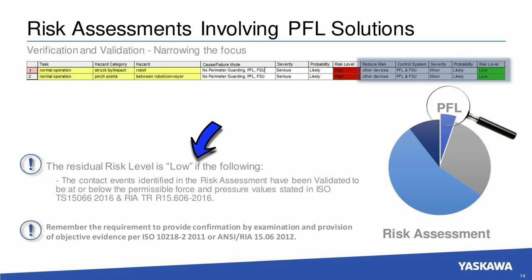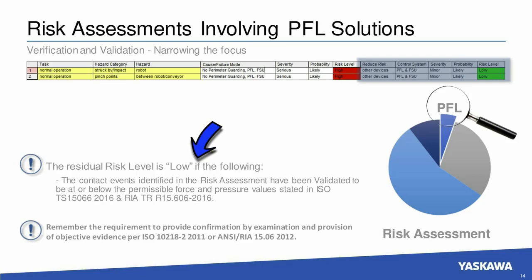My probability of avoidance because of speed is very high, very likely, and my risk level becomes very low. So a point here is the risk level is low if the contacts identified in the risk assessment have been validated to be at or below the permissible force levels as stated in ISO 10218 and ISO/TS 15066. So notice I said if.